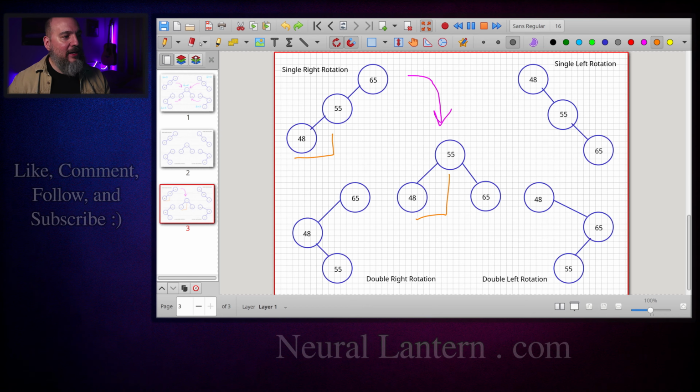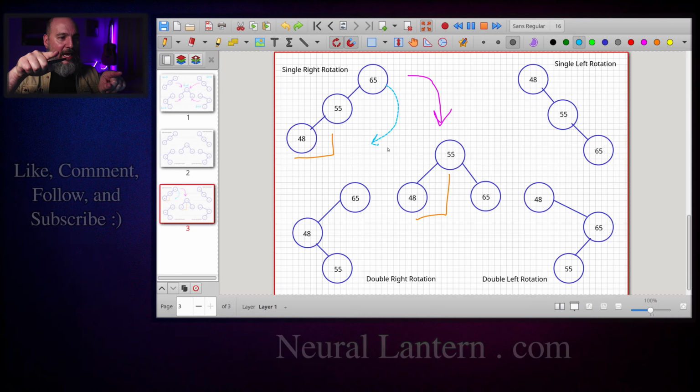If you think about it a little bit more, you'll realize that only one node actually needs to be moved into position. So we'll call this a rotation. Try to visualize your left pointer finger being placed on the 55 node and your right pointer finger being placed on the 65 node, and then just rotate the 65 node downward.